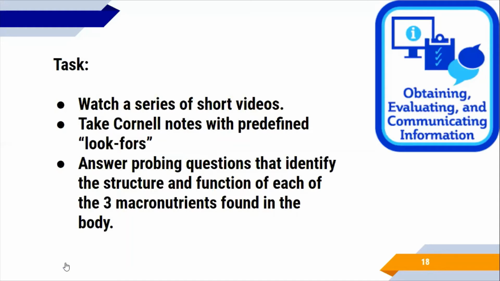Are you familiar with Cornell notes? Cornell notes allow you to write your look-fors on the left of your paper and your notes on the right. We will use Cornell notes to seek out the information on the structure and function of each macronutrient.